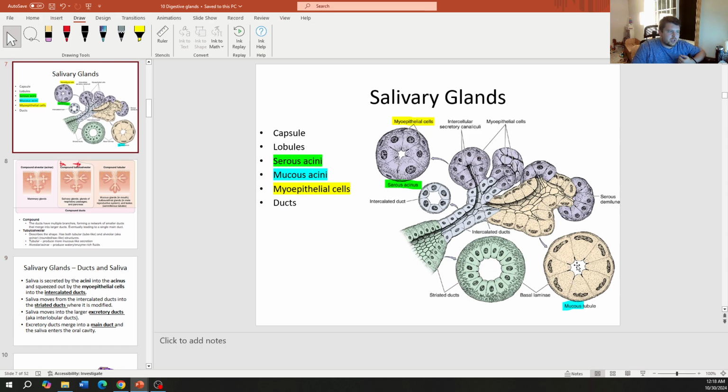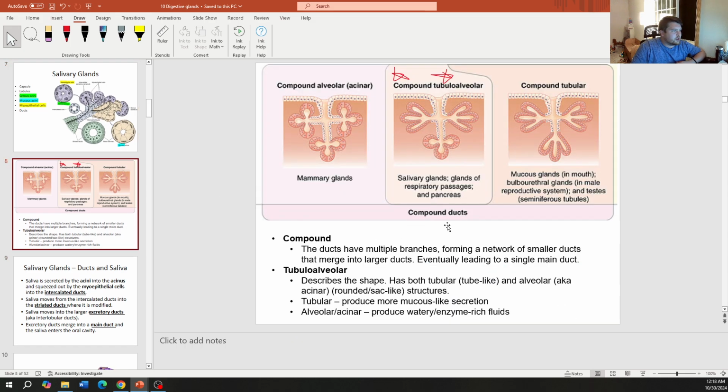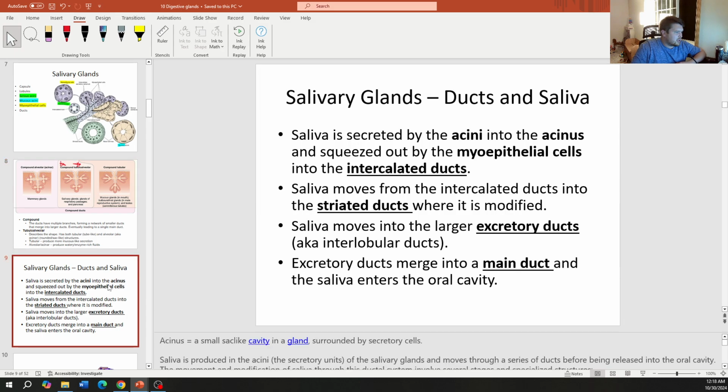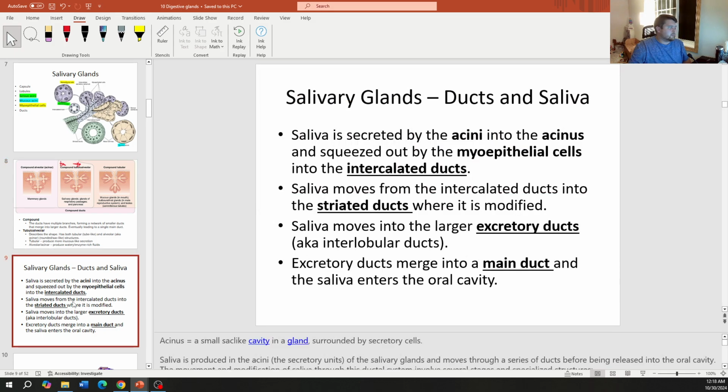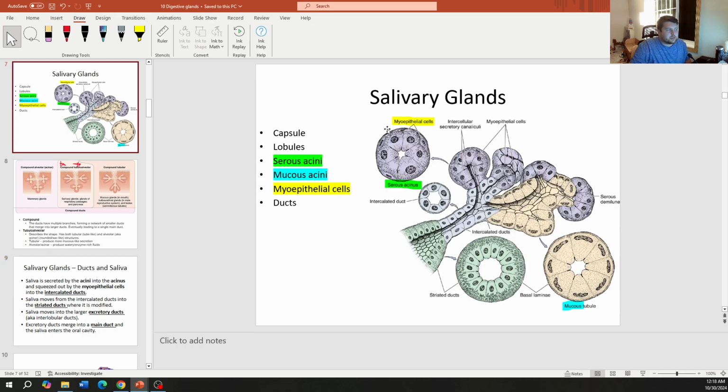So just like here, little mucus tubule, or you could even say like these little sac-like portions. I think there's a better word for it. These little cups, I guess you could call them. These little, like inside of a little balloon. Those are our acinus.